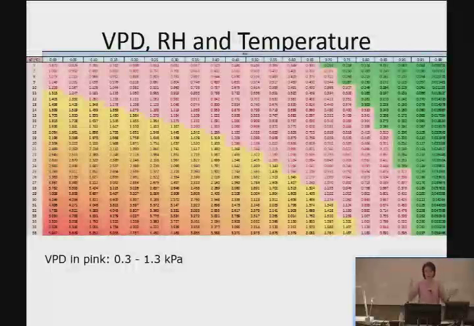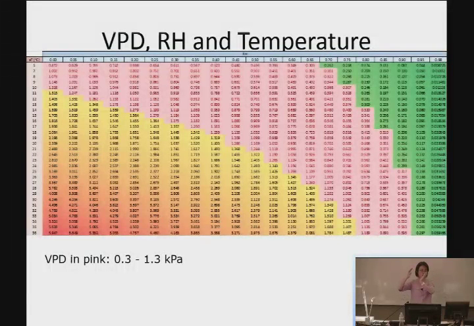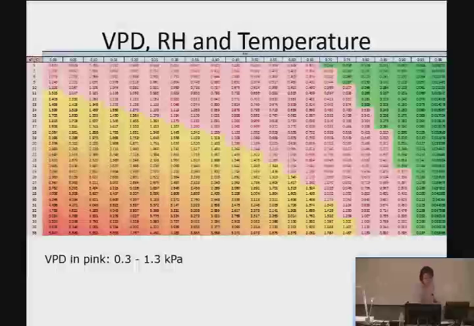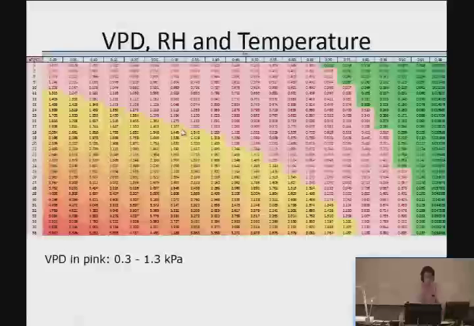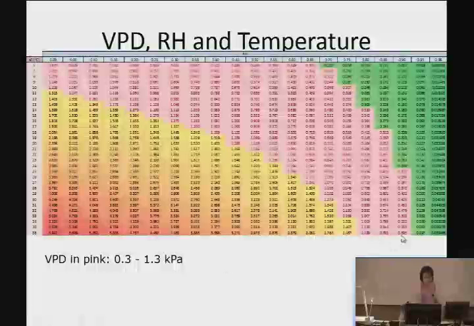That's why I put this in here, so you can visually see that the optimum VPD range to grow plants is very different at different temperatures, right? At higher temperature, you have to keep the humidity much higher than at lower temperature. And the window in which you can achieve the VPD in that range is very, very narrow compared to the low temperature range.